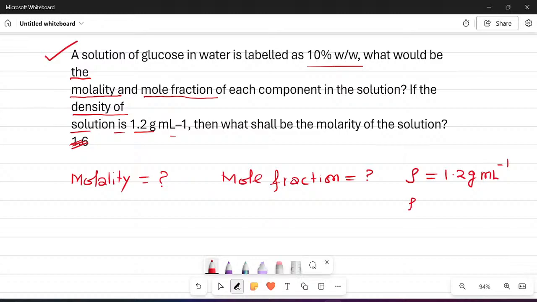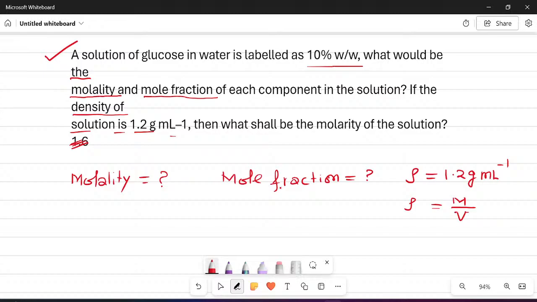So do remember the formula of density. Density is mass per unit volume. So if we require volume from mass, we can calculate volume from mass by using density.